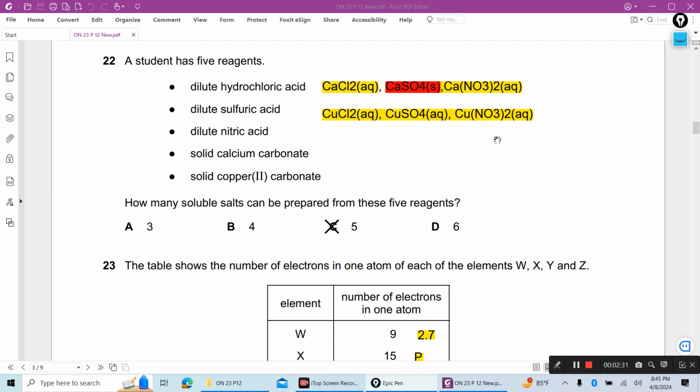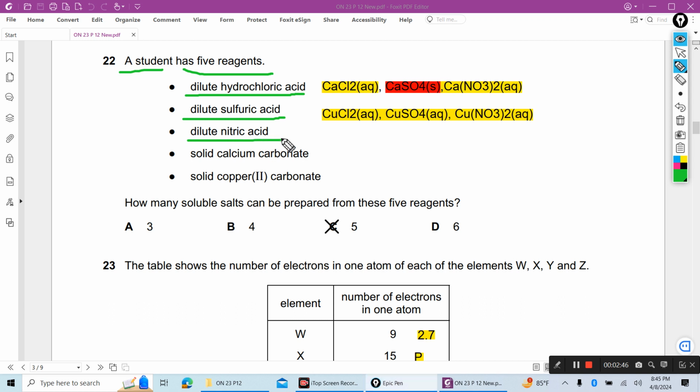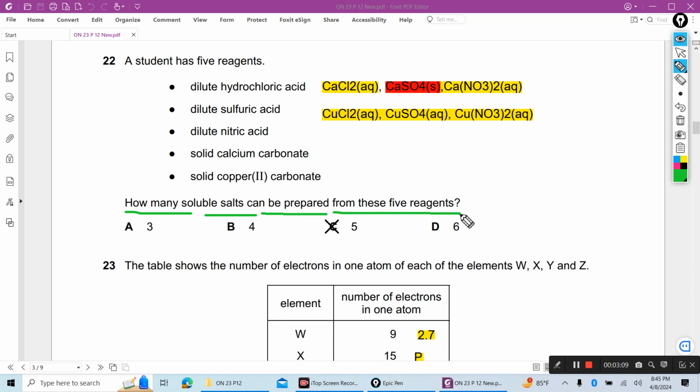Next, 22. A student has 5 reagents: dilute hydrochloric acid, dilute sulfuric acid, dilute nitric acid, 3 acids, solid calcium carbonate and solid copper 2 carbonate, 2 carbonate compounds and 3 acids. The question asks how many soluble salts can be prepared from these 5 reagents.